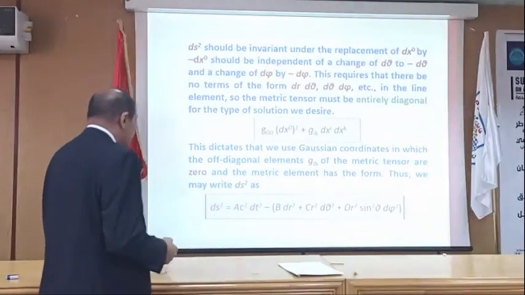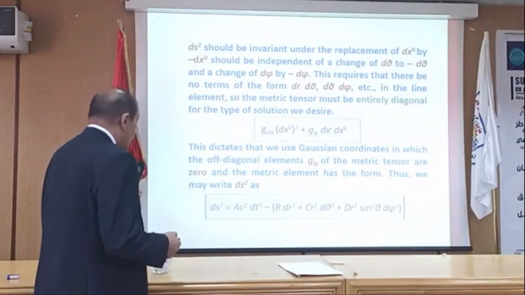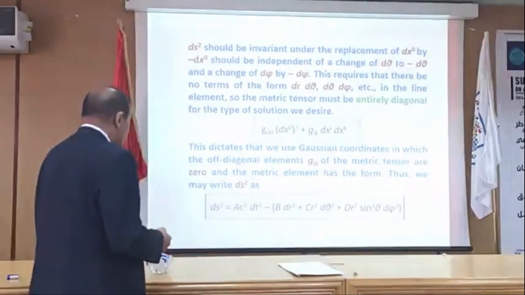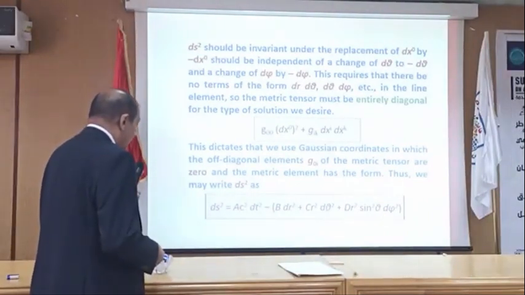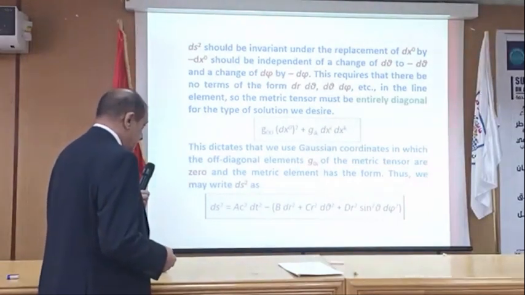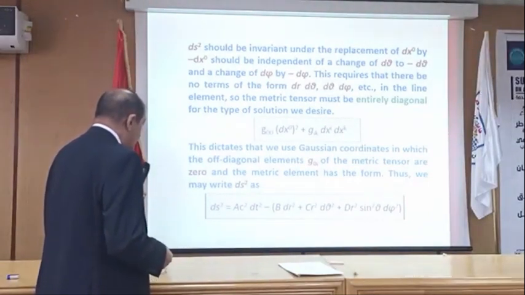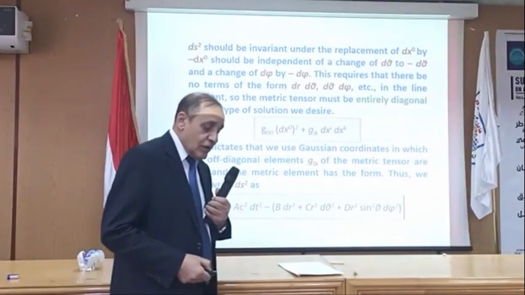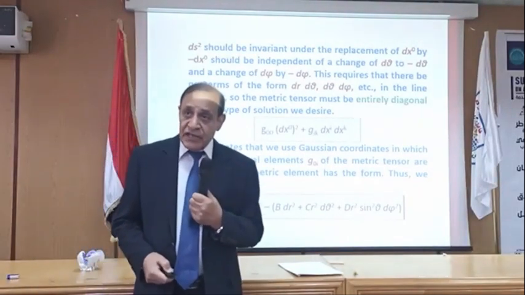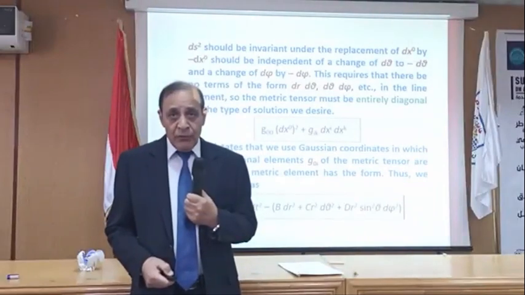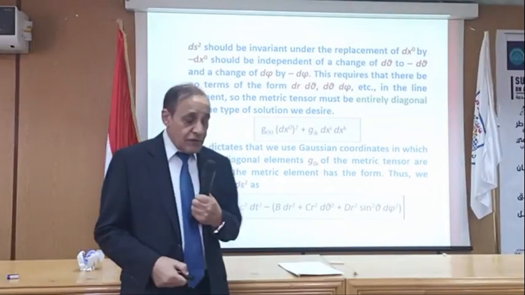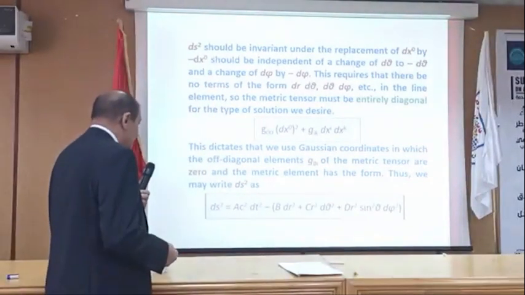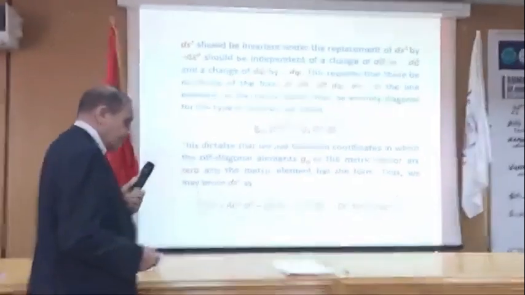Now I will seek a line element of this form. So I put here A, B, C, D. Now these quantities A, B, C, D are unknown quantities. All what I know is that I will take them as a function of r.